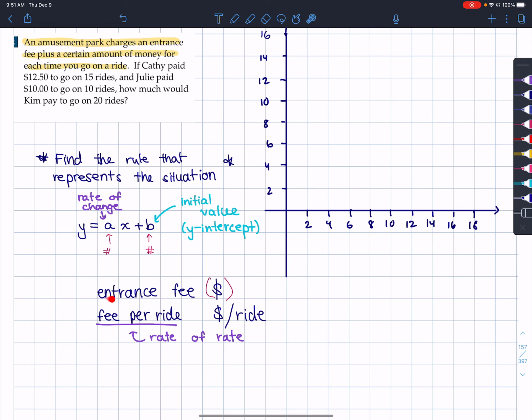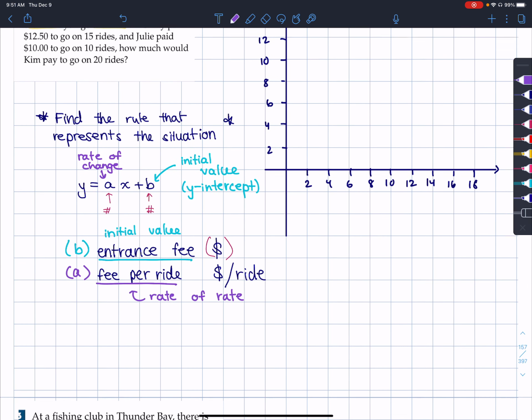And then the entrance fee, well, that's going to be where you're starting from. Because if you go to this amusement park and you don't go on any rides, you still have to pay to get in. So entrance fee is your initial value. So you know that this is going to be the B in your rule, and this is going to be the A in your rule.